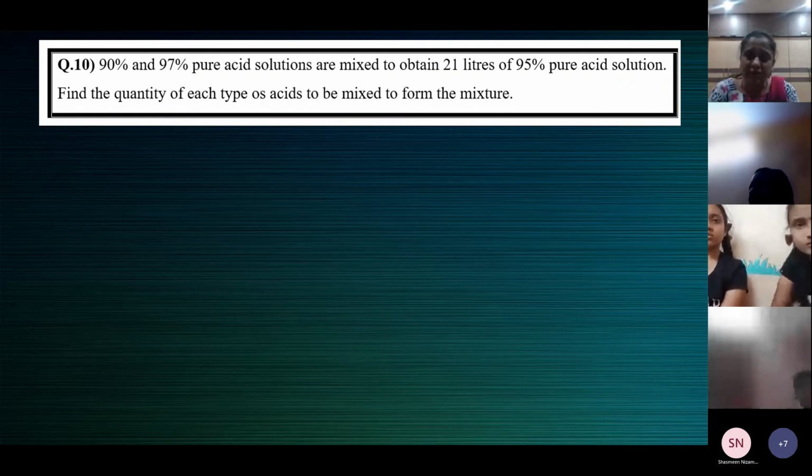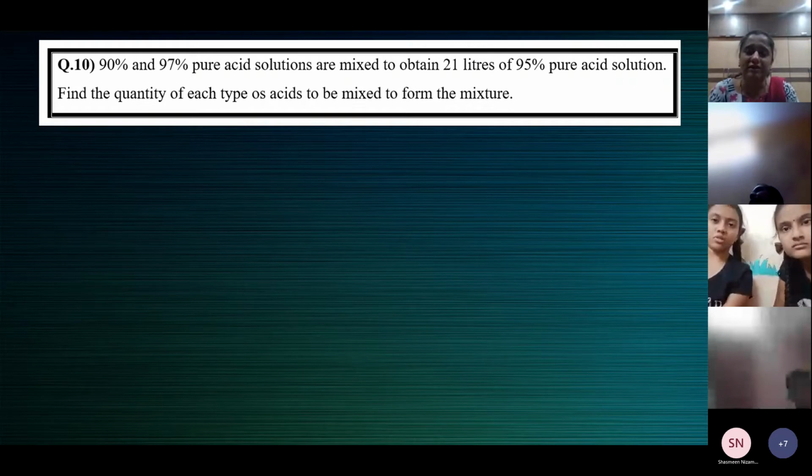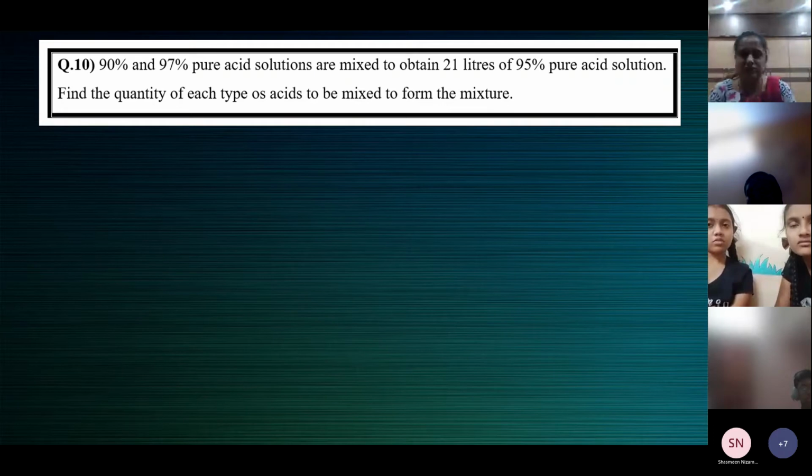So what quantity of the first one and what quantity of the second one is mixed, we don't know. So we'll say we have X liters of the first one and Y liters of the second one. So you're mixing X liters and Y liters, and the resultant is 21 liters.